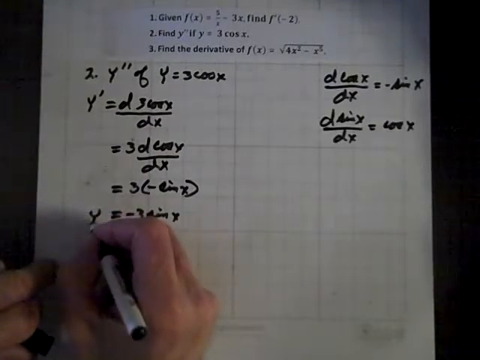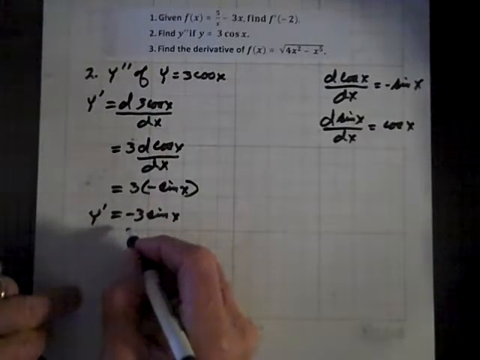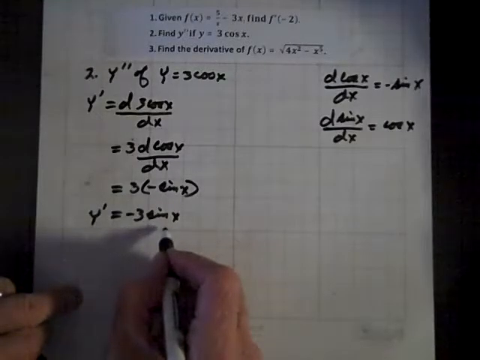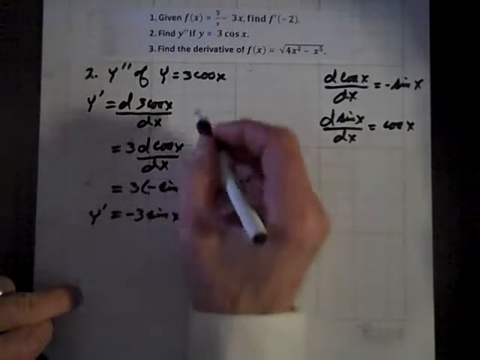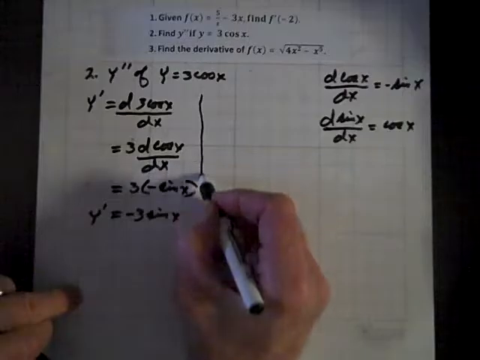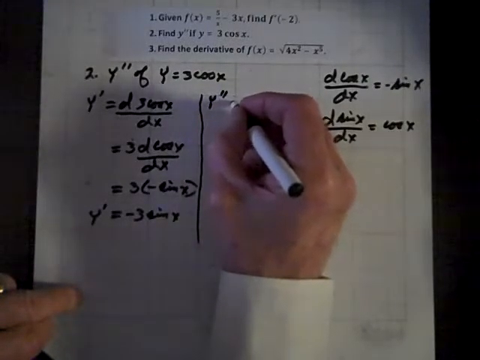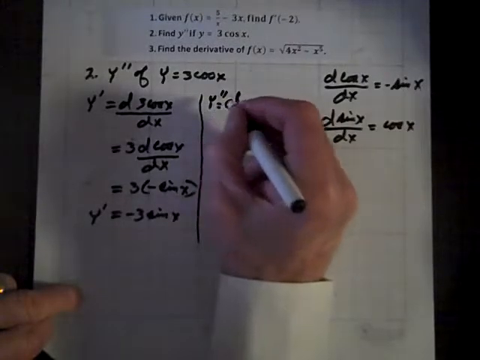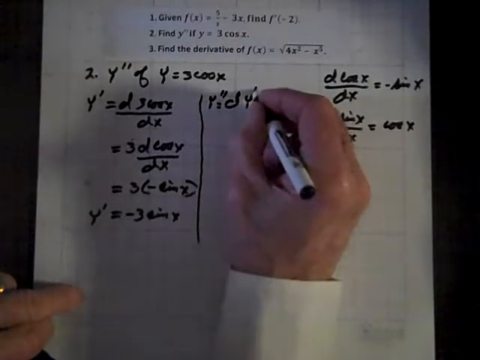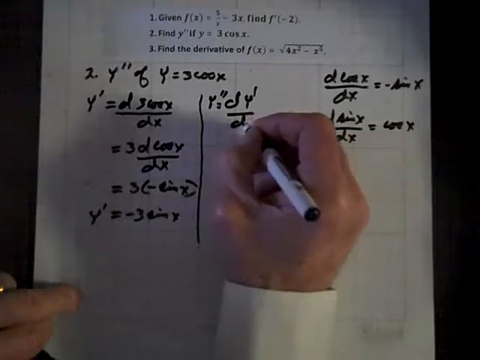And that's y prime. So to find y double prime, we'll take the derivative of this. So y double prime equals the derivative of y prime with respect to x.